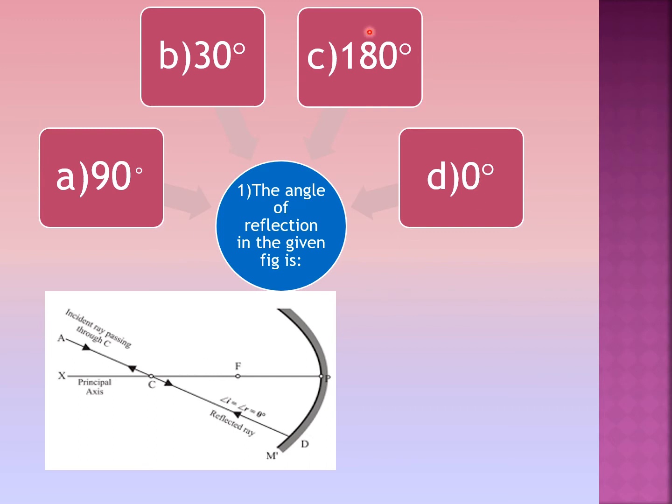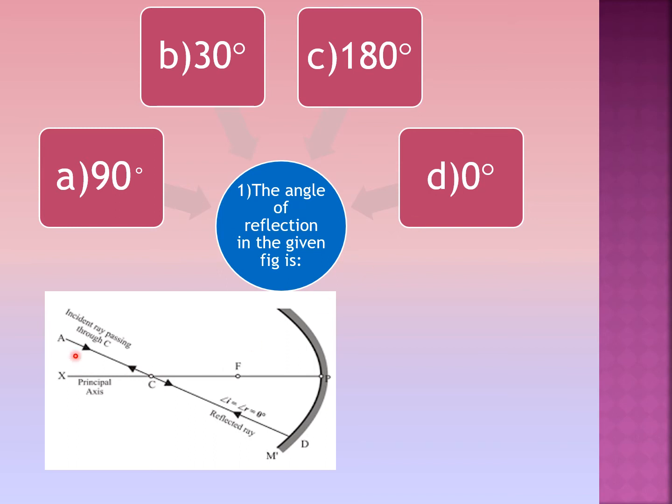We can start from the options given. If you don't know the answer, the ruling out methodology always works. Ruling out means the answer can't be this, can't be this, can't be this, so ultimately you'll be left with one choice only. Sometimes this also works when you don't know the answer.